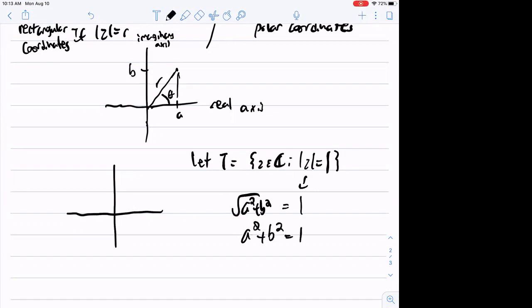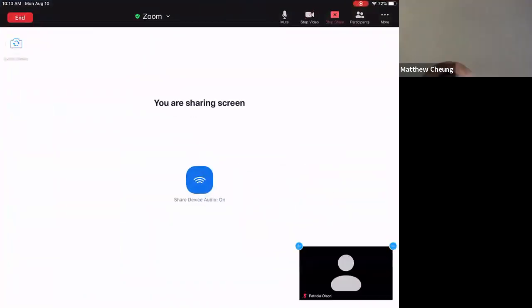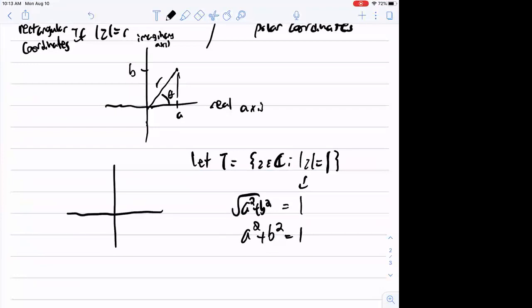If I square both sides, I still get 1. I guess if I write it like this, it should be more clear. Some people view this as an ellipse where these two numbers on the bottom are different, but if they're the same, it's a circle, right? So here it's a circle of radius 1.